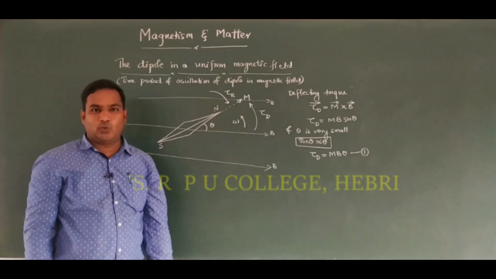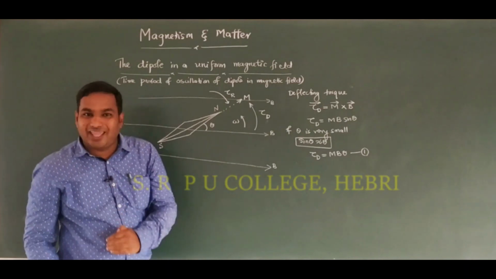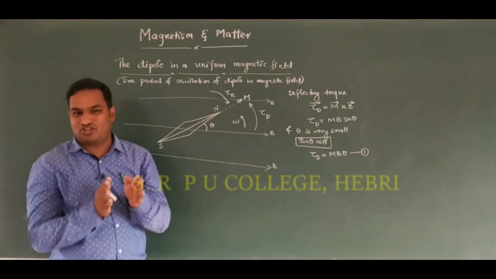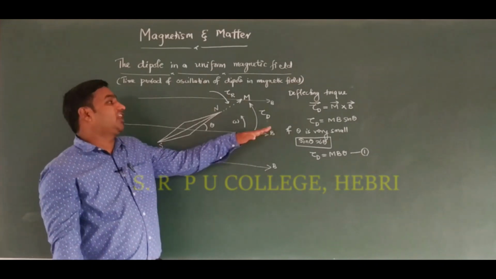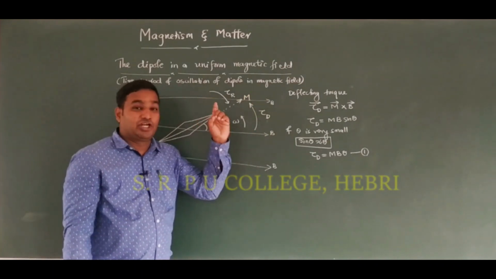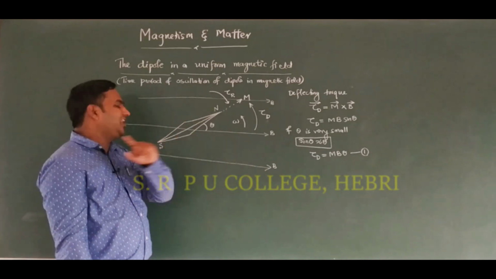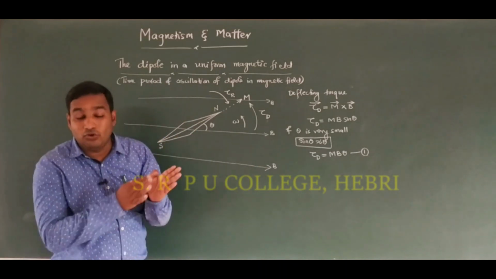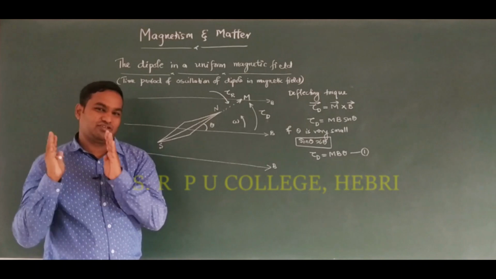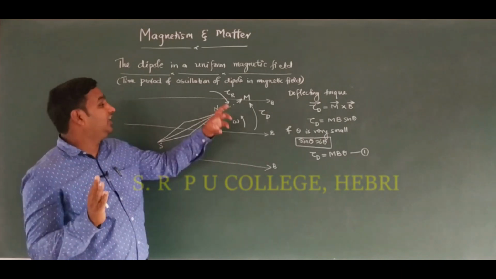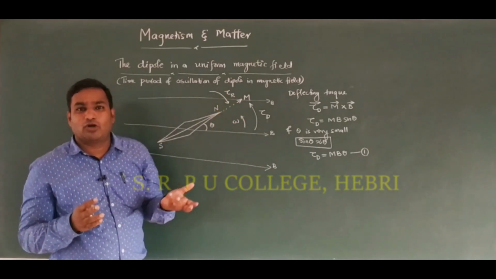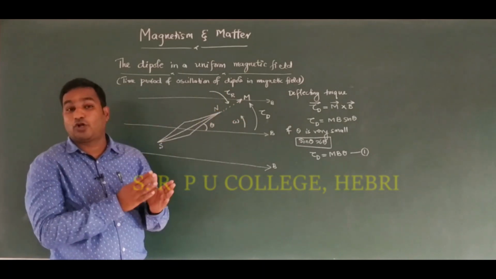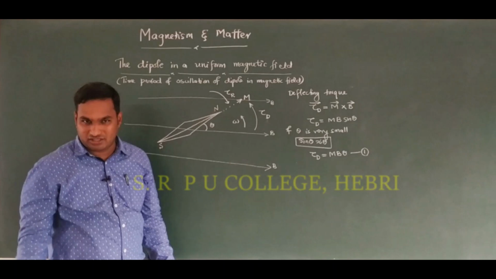Restoring torque is the one that tries to retain the original condition or original position, and deflecting torque tries to deflect the needle. At a particular instant, deflecting torque and restoring torque become the same, and that we call the equilibrium condition.